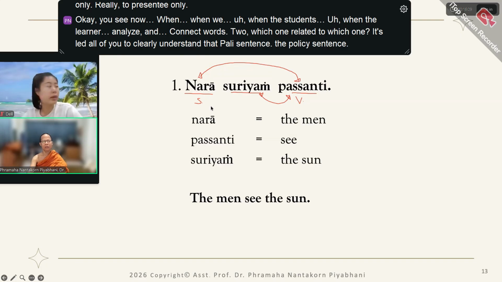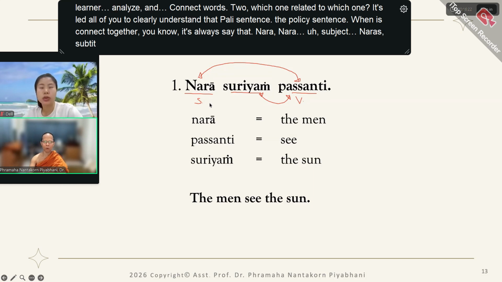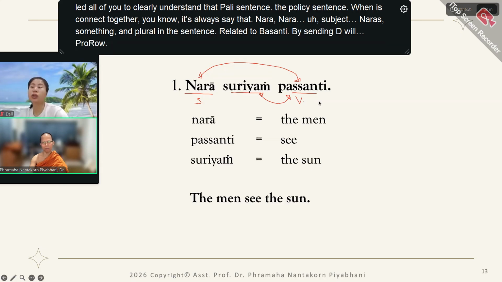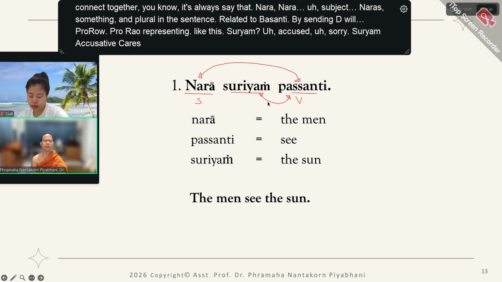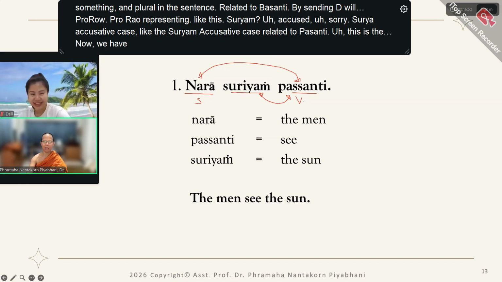When connected together, we always say that Nara, subject and plural in the sentence, is related to Pasanti, plural verb. Suriyam, accusative case, is related to Pasanti. This is the way of Pali sentence analysis.